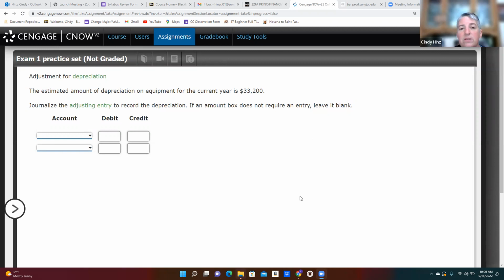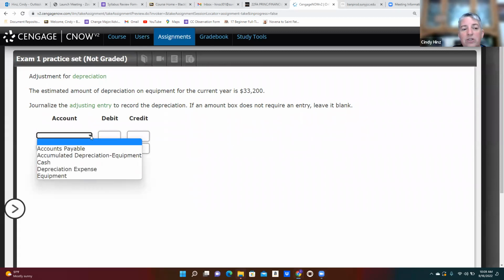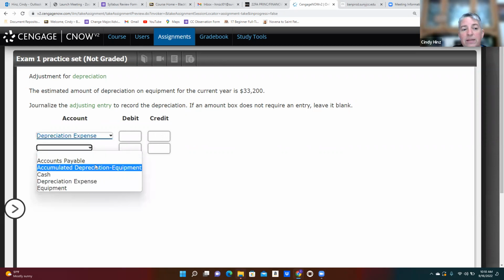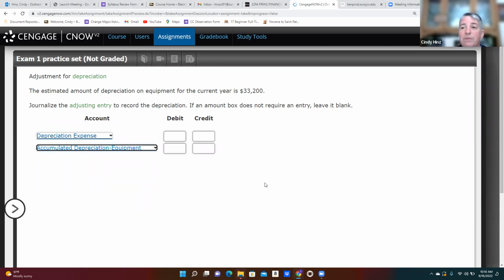For this exercise, we're just asked to do the entry for depreciation. I'll remind you that the depreciation entry always includes a debit to depreciation expense and a credit to that new type of account that we learned about this week called a contra asset.